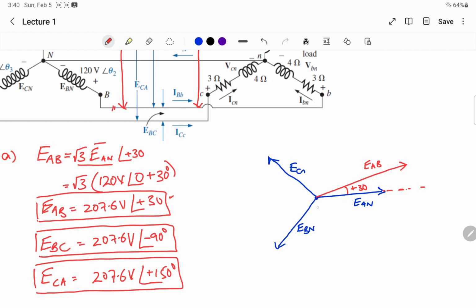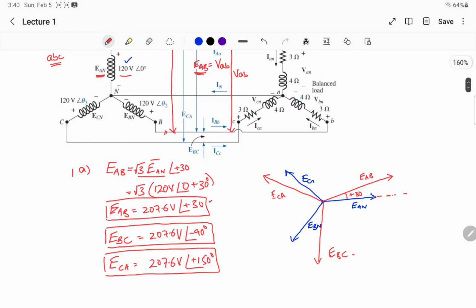This will be minus 90 degrees, EBC, and the other one will be 150 degrees, like this. And this will be ECA. This is how we can easily calculate the phases for our voltages.